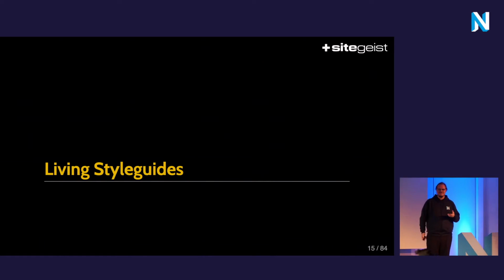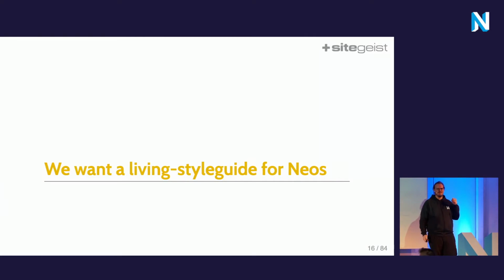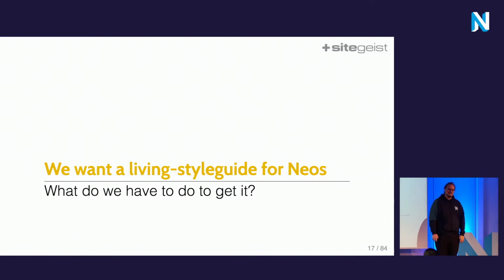So we looked at this, and we said, we want this for Neos, but we want a supercharged version of it. We want it to be integrated with your workflow. We don't want extra data. We don't want it to be copy-paste and things like that. So what do we have to do to get this?